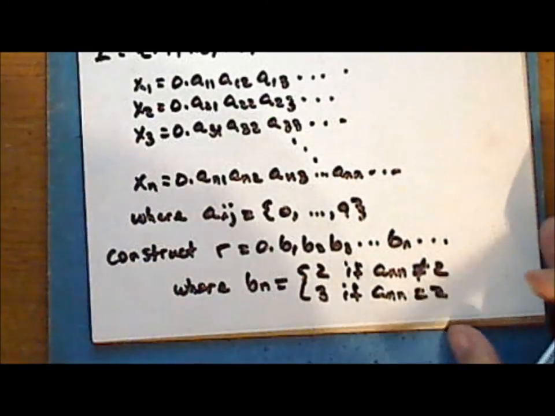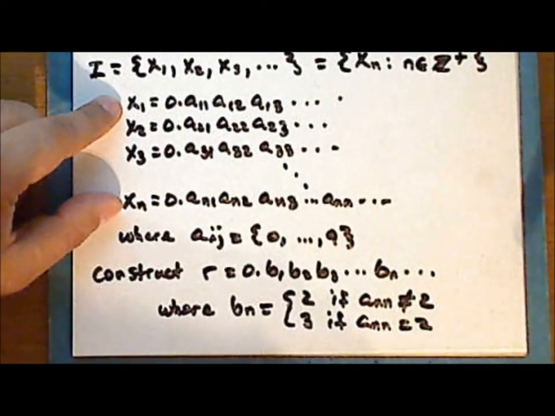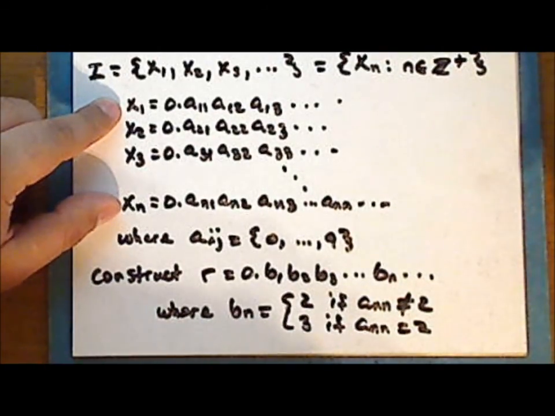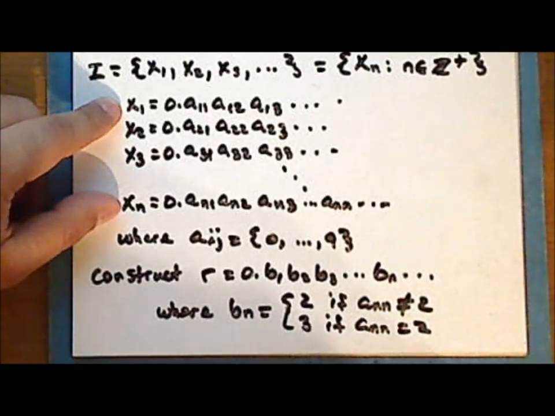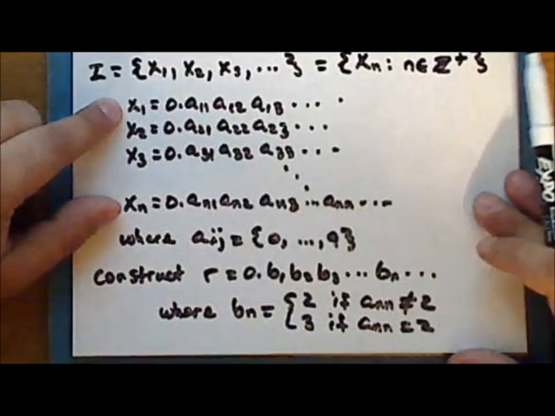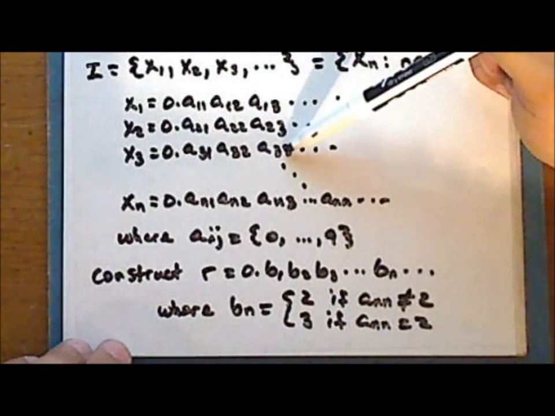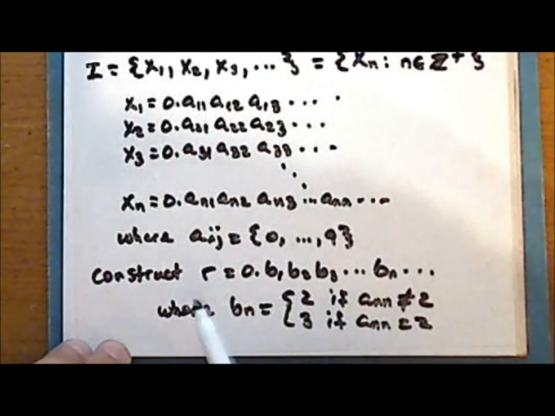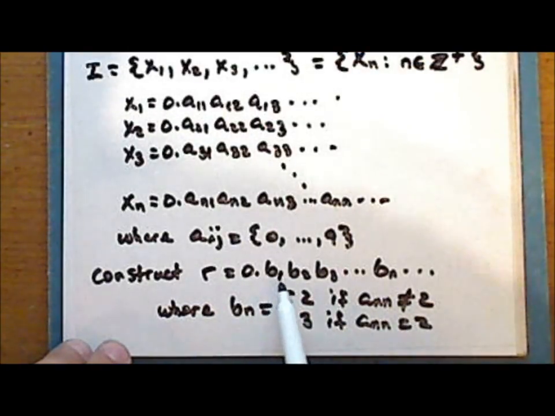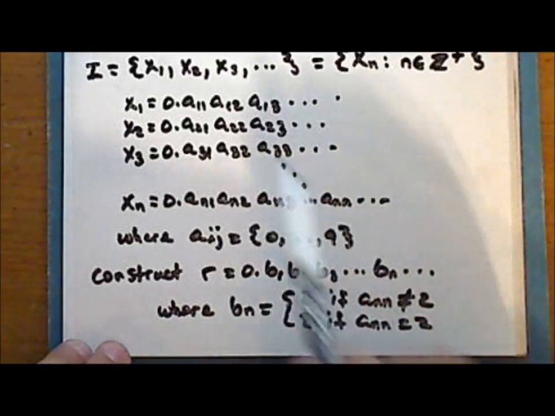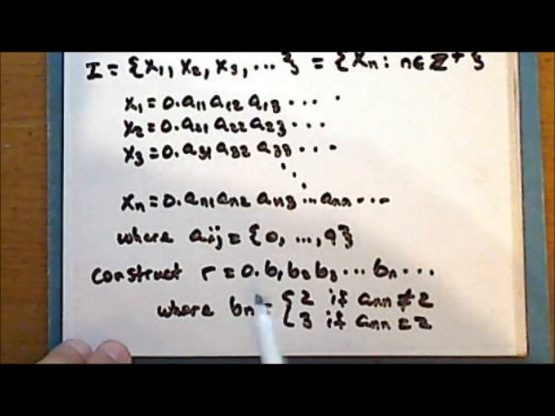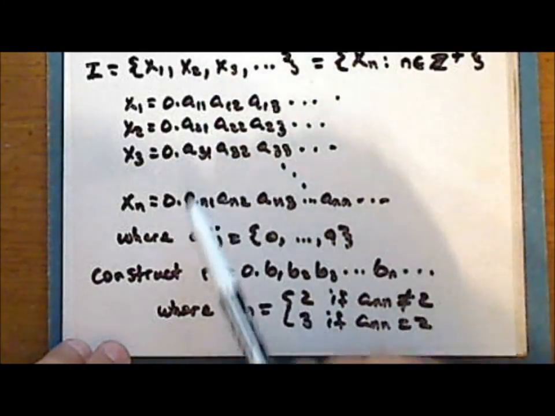So notice that what we're doing here is saying that given the assumption that the open interval from 0 to 1 is countable, then it can be expressed as a countable sequence of numbers. And looking at the diagonal elements, A sub 1,1, A sub 2,2, A sub 3,3, and so on to A sub nn, we're going to construct a number R, which is certainly a number that is in the open interval from 0 to 1. But each of the digits in the decimal expansion is different from any that we have in the countable sequence.